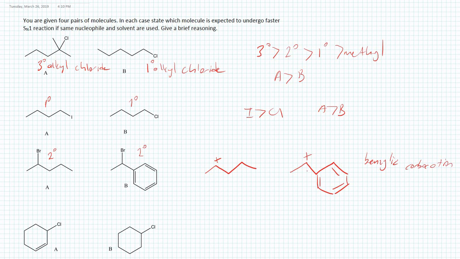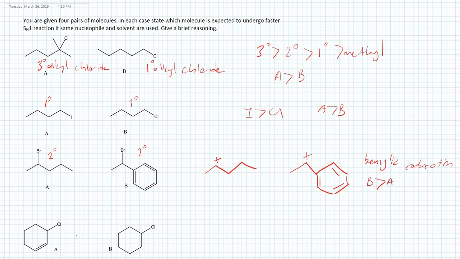So basically together with this structure we have 3 other resonance forms, and this will contribute to the stability of this cation. So since B is going to produce a more stable carbocation, it's going to react faster in SN1 reactions than A. So let's write here, B will react faster than A.